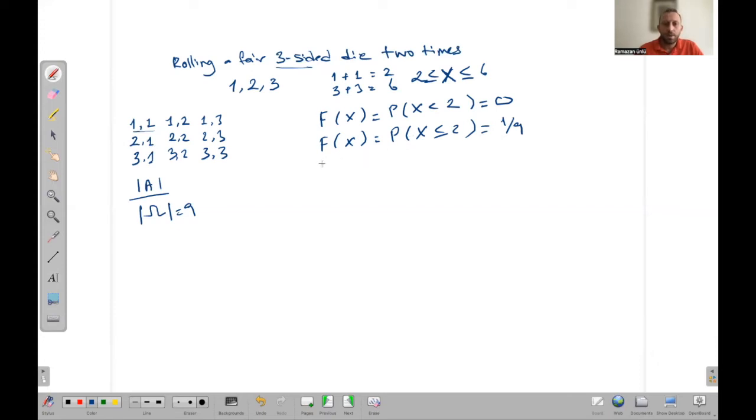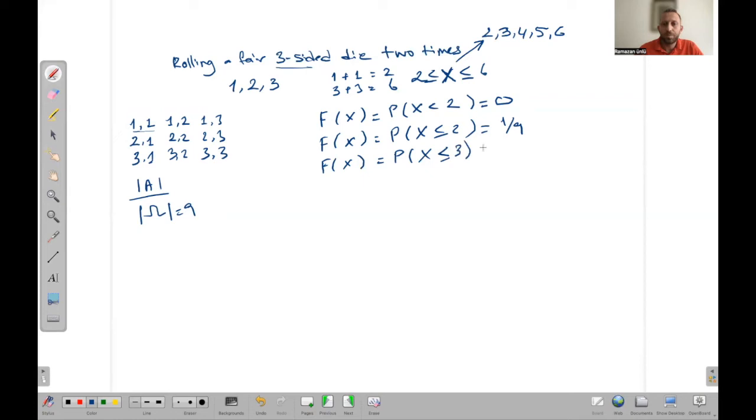So let's look at the other one, F of x. What are the other possible sums? It is 3, right? So x can be 2, 3, 4, 5, and 6. Now let's do the 3.